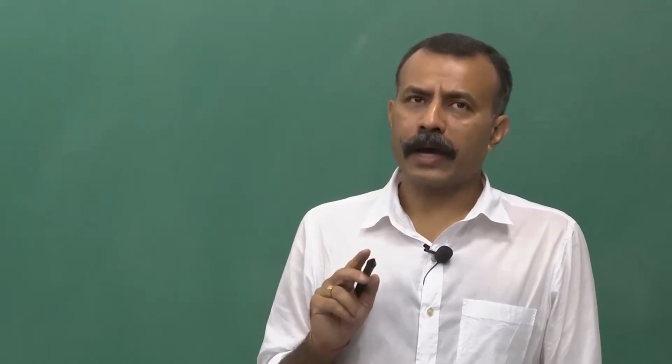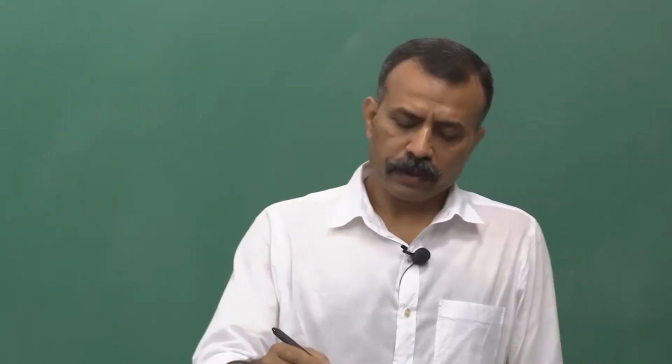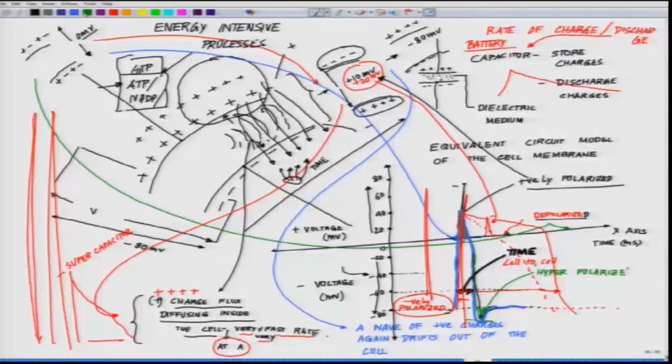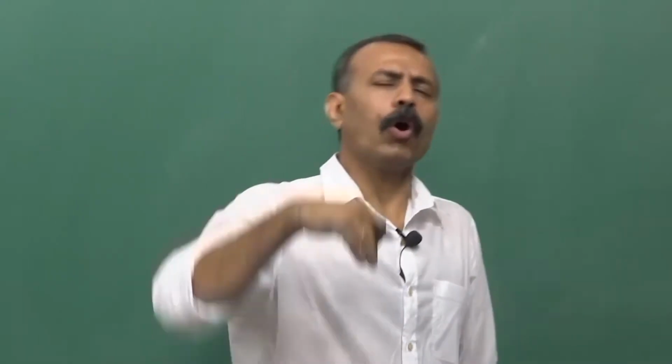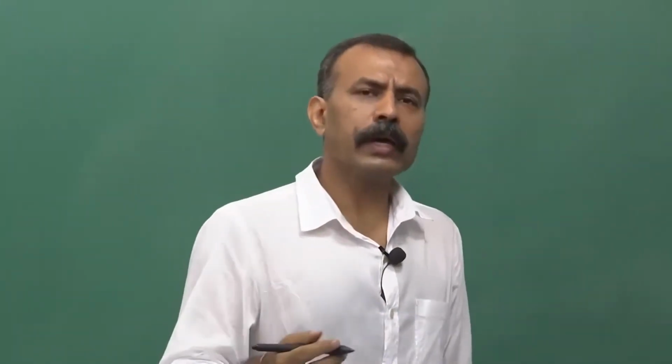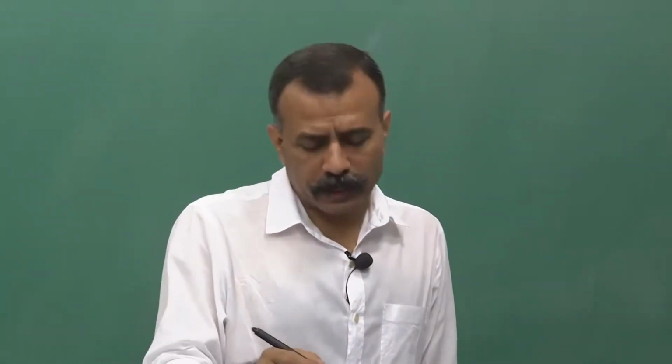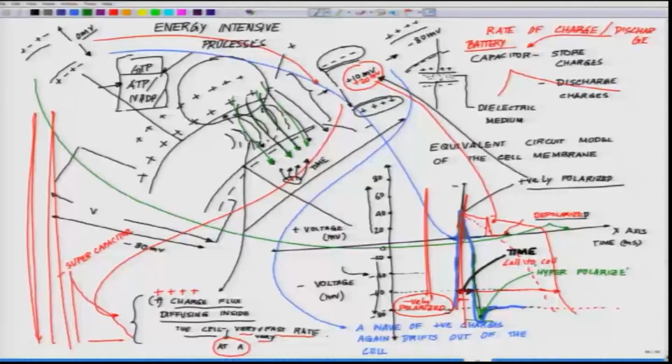The first thing we learned today is there is a huge amount of flux of positively charged ions inside when the action potential is happening. And if you look at outside, which is dominated by positively charged sodium ions, in all likelihood, the only ion which can come inside the cell transiently will be sodium.